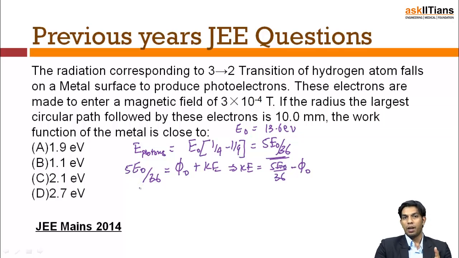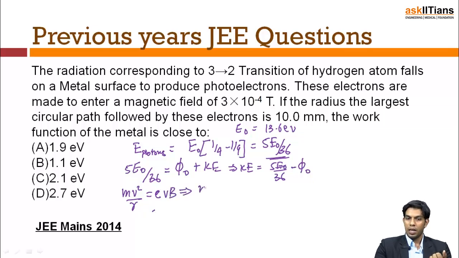From this, I need to get hold of the velocity or mv or anything. I need to get some information after this expression. Now I will make the connect, but before that, let's analyze what's happening in the magnetic field region. I know mv square by r, the centripetal force, is equal to evB.